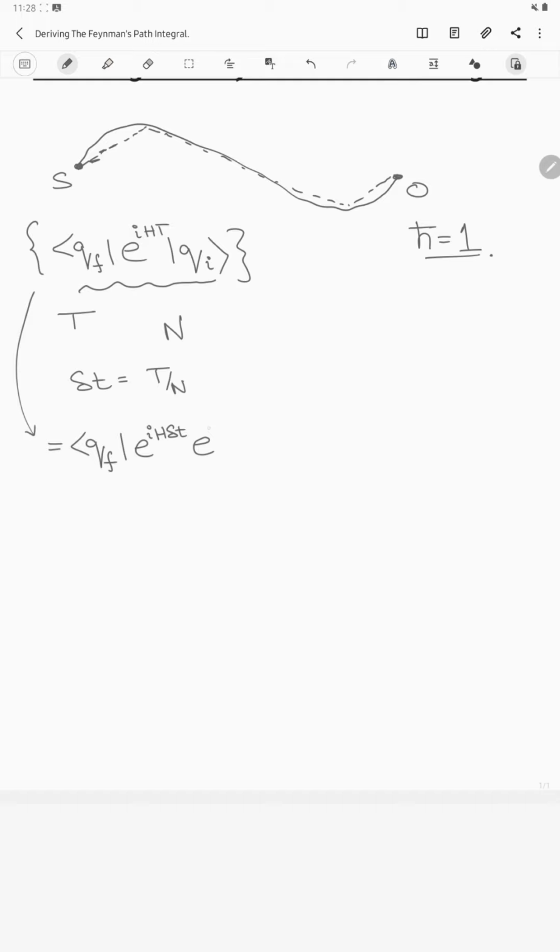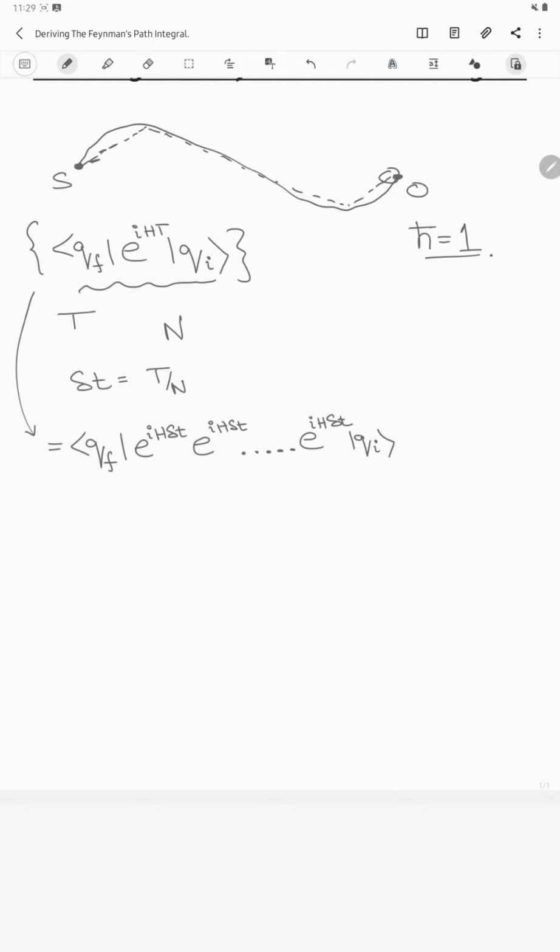So I would keep multiplying this until I reach the last straight line segment over here. So that's keep multiplying exponential of minus iH delta t, where H is the Hamiltonian for your system, and then close this with |qi>, right?